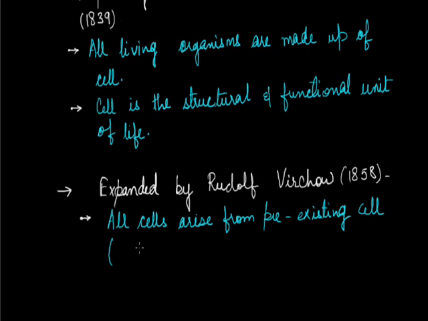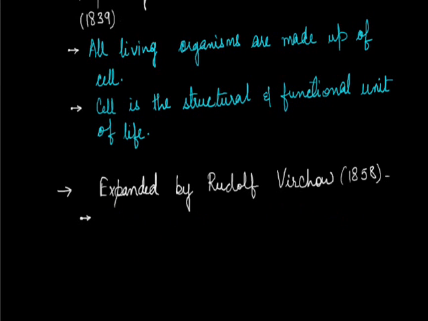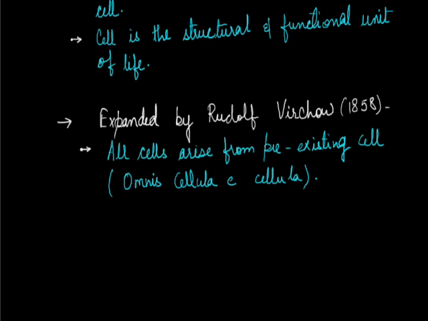This statement of Rudolf Virchow is also known as omnis cellula e cellula, which means all cells arise from pre-existing cells. But there is one exception to this cell theory, that is the viruses.